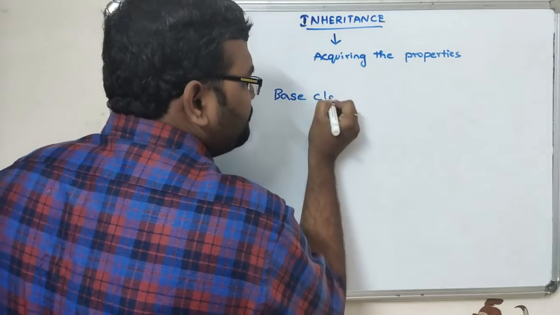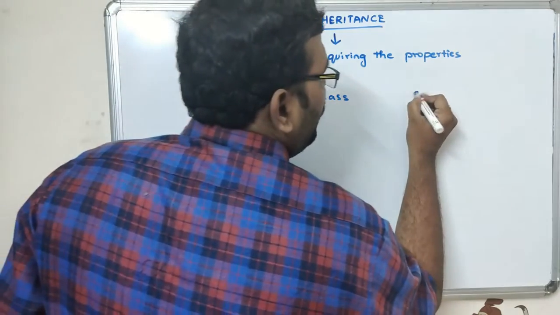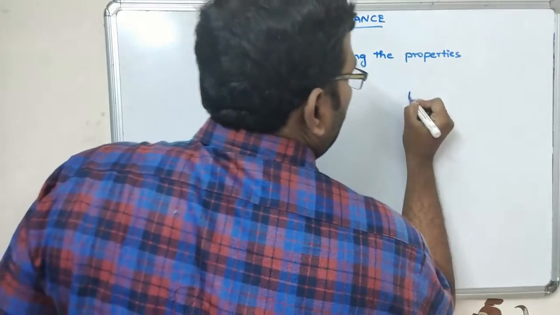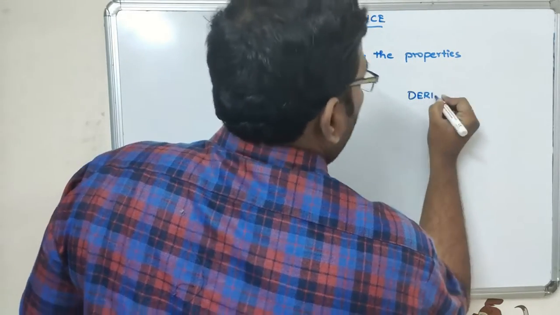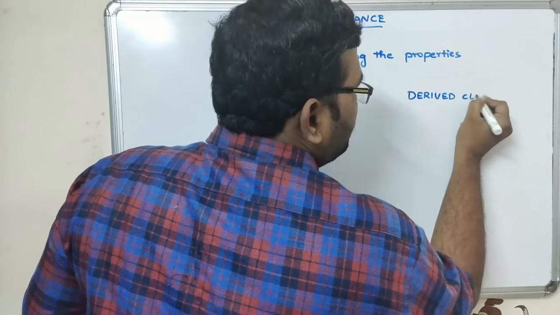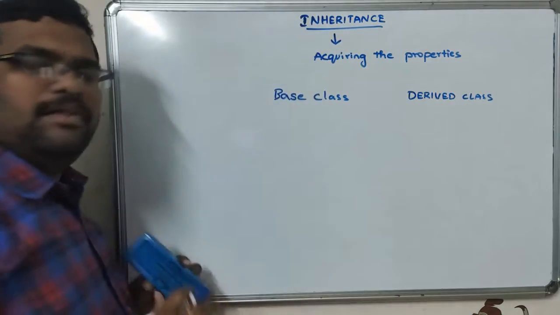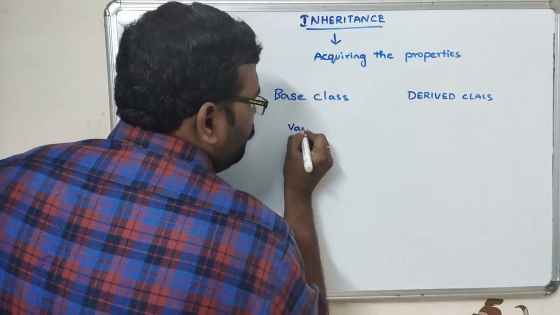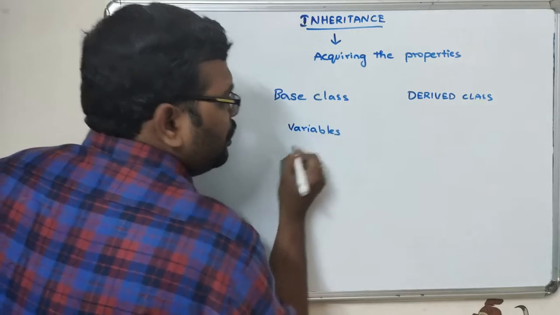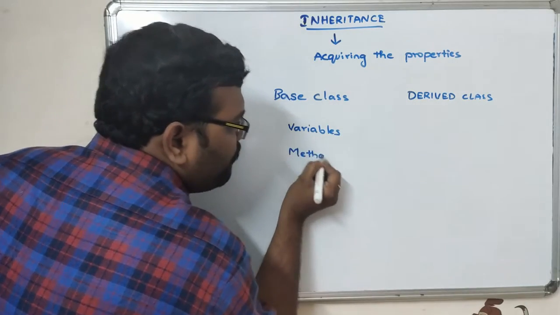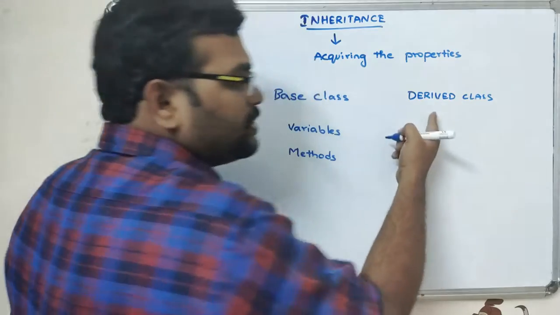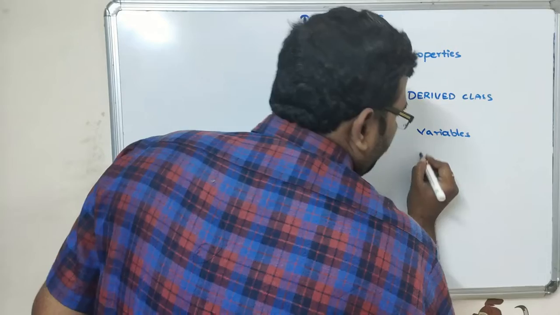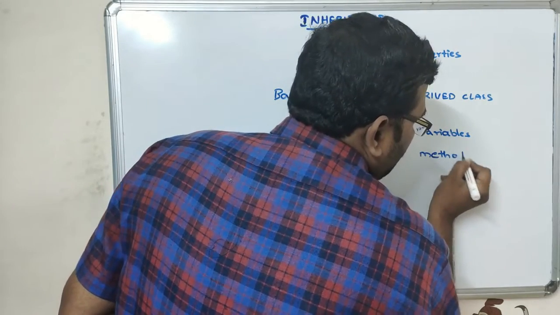Here we'll be having the base class and the derived class. Let it be two classes are there. Here we'll be having some variables and methods. Similarly, this class is also having variables and methods.